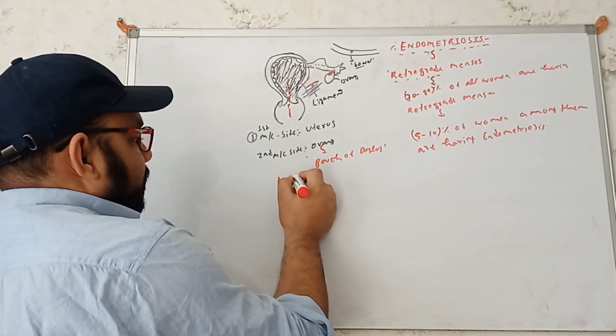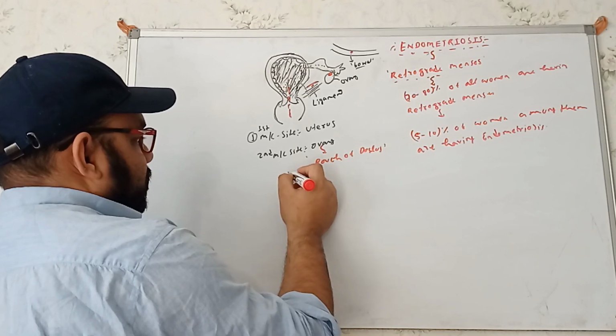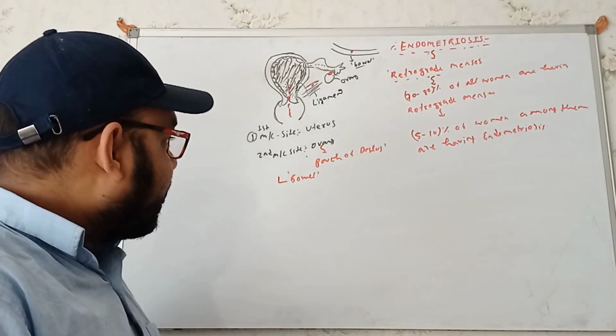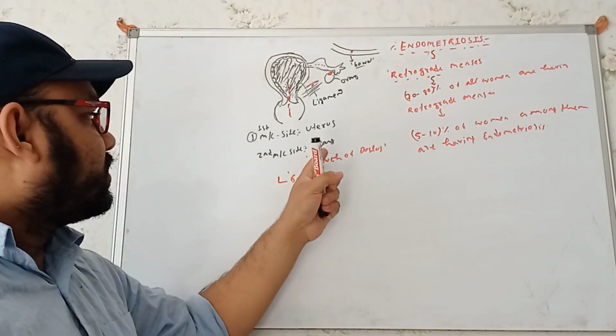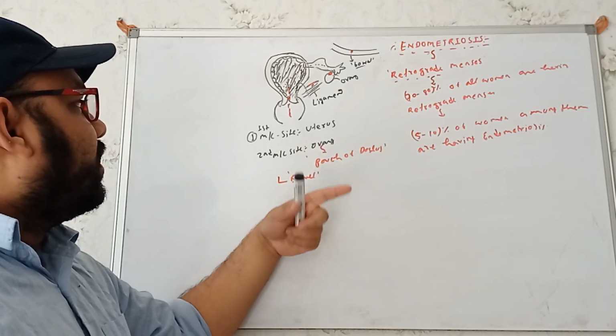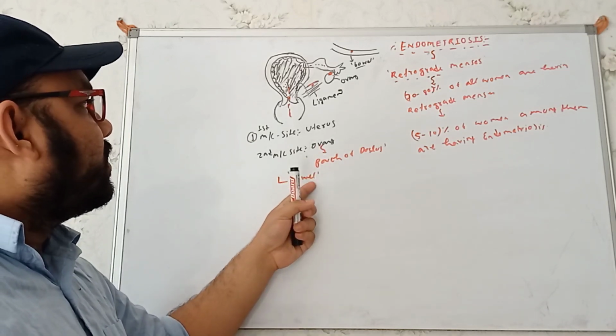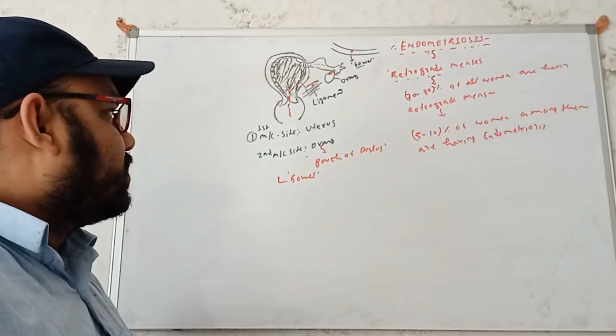So you can write down the bowel regions here. The most common site is the uterus, then the second most common site is the ovary, and the other sites are the bowels and the ligaments, something like this.